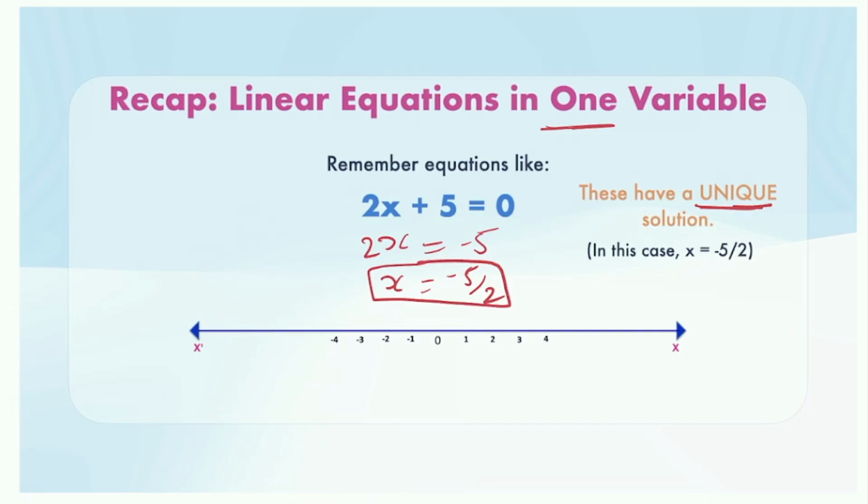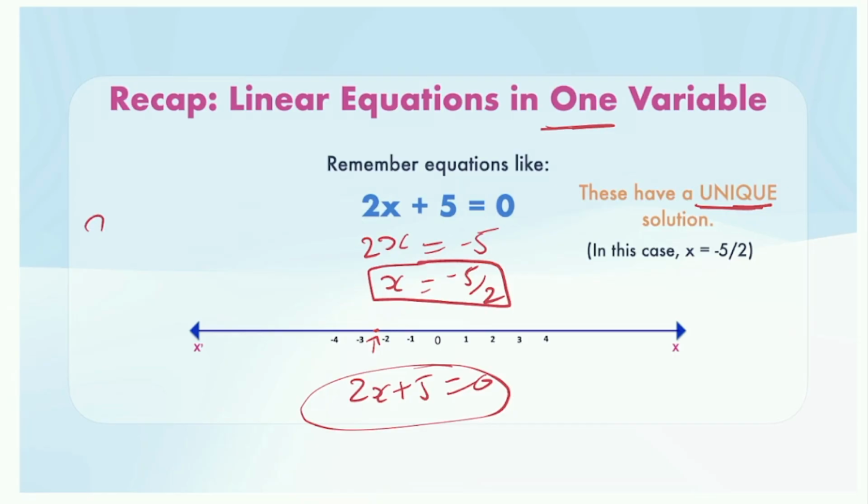Because it has a unique solution. That means x equal to minus 5 by 2, which is x equal to minus 2.5. So it will be somewhere around here. So this point is referring to 2x plus 5 equal to 0, right? Any linear equation in one variable can be represented on a number line with a single point.